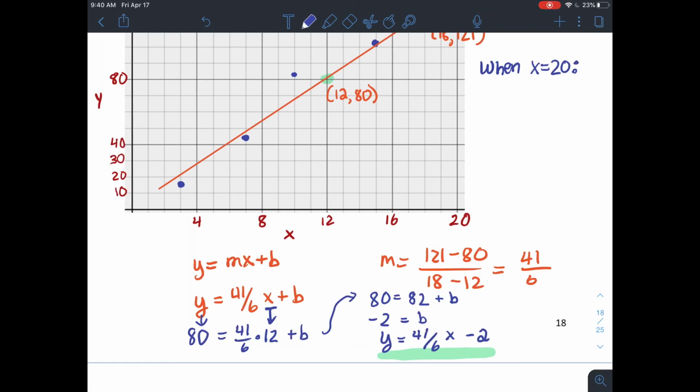So if I plug 20 into that equation, I'll have 41 over 6 times 20, and then I'm going to use a calculator for that because I'm lazy. You end up with 134 2/3, which if you look at your line, that makes sense. If we were at 121 for 18, then up at x equals 20 would be about 134.